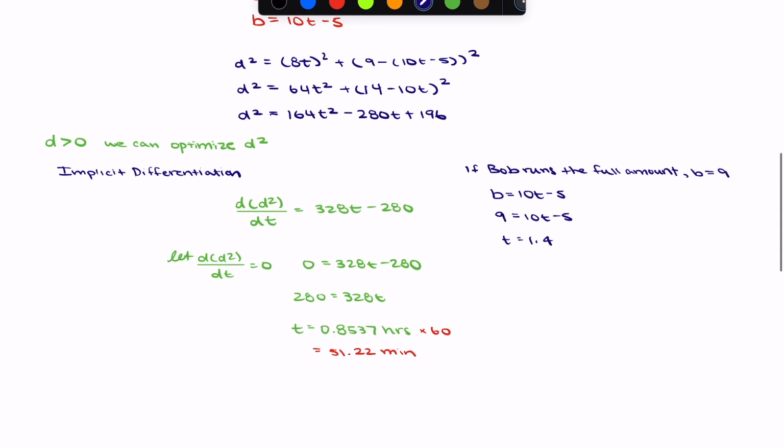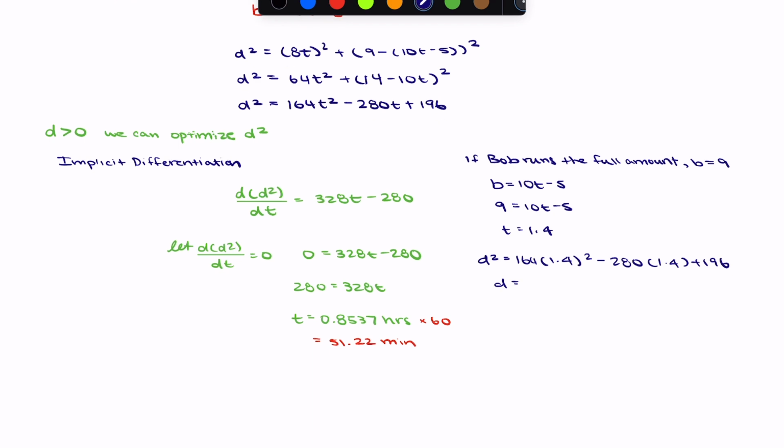So if we sub that back into our equation, d squared is equal to 164 times 1.4 squared minus 280 times 1.4 plus 196. We see that d is equal to 11.2 kilometers. So if Bob runs the full amount, that would be 11.2 kilometers.